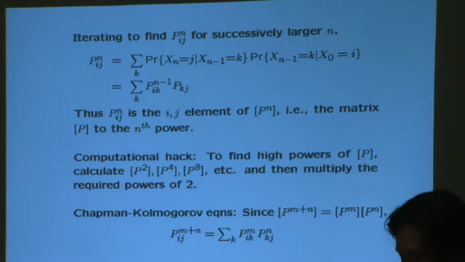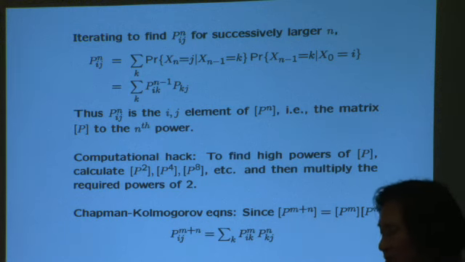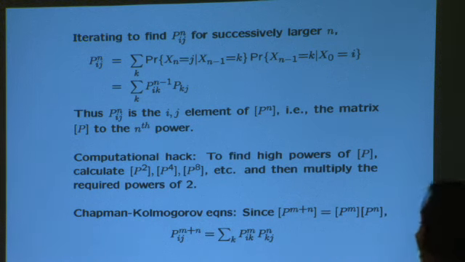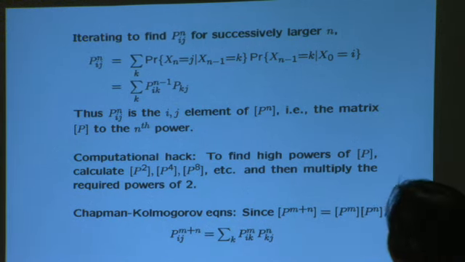So this means that we broke this up for the n step. In the n minus 1 step, we visited state k, and then we multiplied that by the 1-step transition from k to j, because we want to arrive at j starting at i. But again, we have to sum over all the k's in order to get the probability from i to j in n steps.